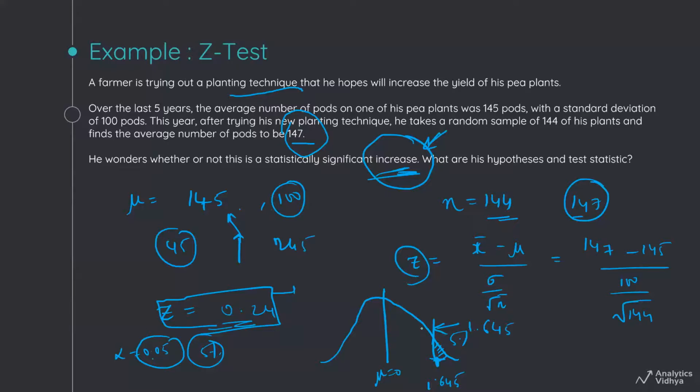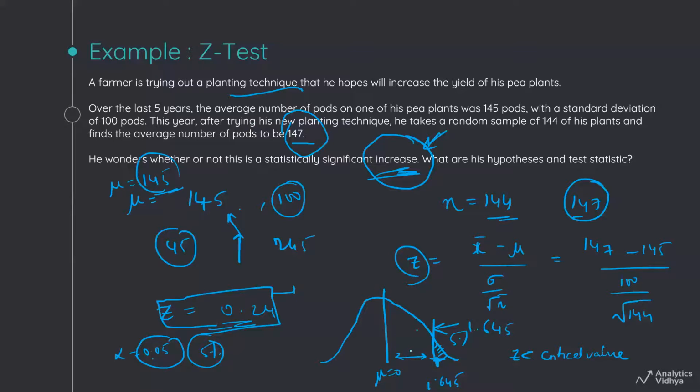Now, what is the value that you got? 0.24, right? So 0.24 falls within this region, below 1.645. So your Z value is less than your critical value. Clear? Which means we are failing to reject our null hypothesis. What is the null hypothesis here? Our null hypothesis is that even though you apply the planting technique, the average value will be 145, right?